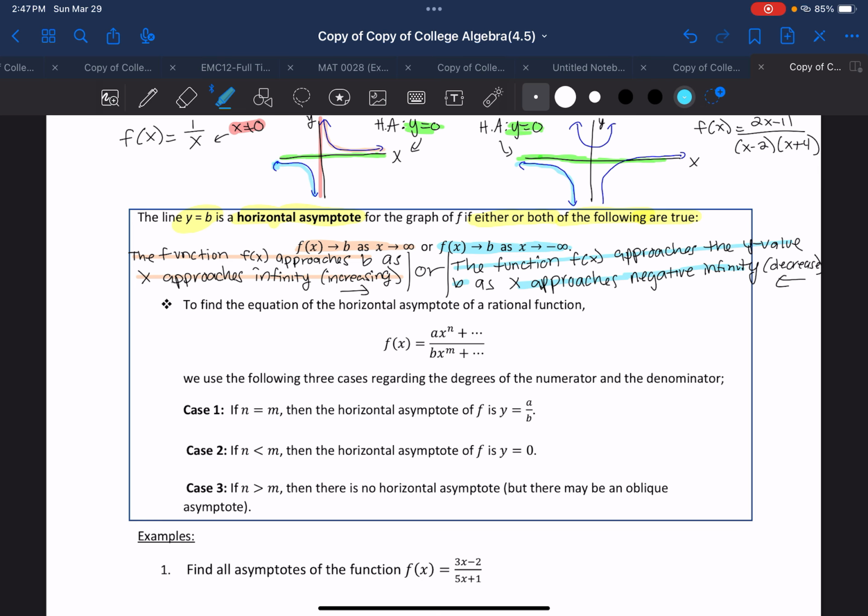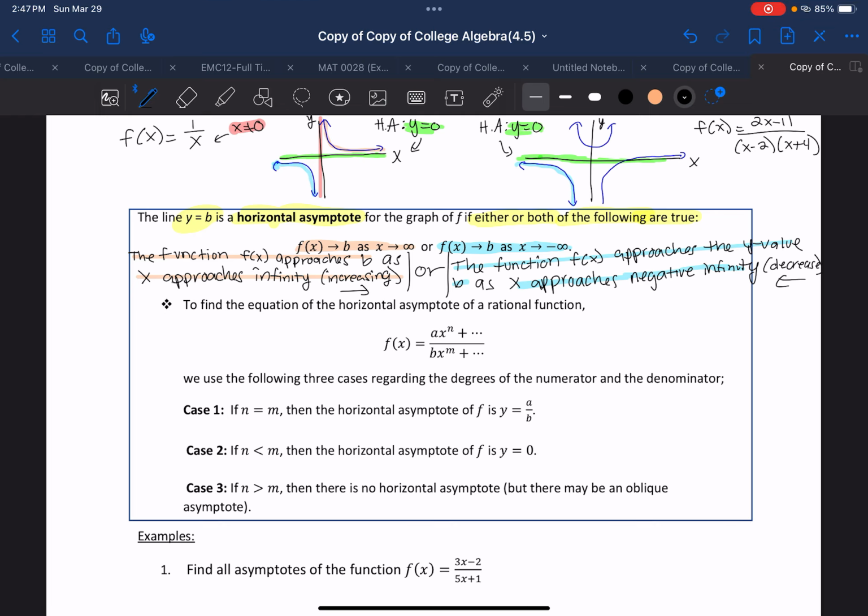So the graph on the left is an example of a graph that has a horizontal asymptote where both of these statements are true, on the left and the right side. And the graph on the right is an example of a function where only the second statement is true, that the graph is approaching some y value as x approaches negative infinity.